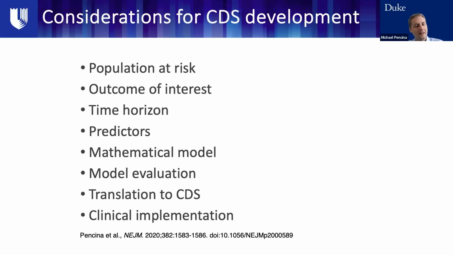The second one is the outcome of interest, and that's the Obermeyer story, where you have to be very careful with proxies, right? If your outcome of interest and the variable you're using to predict are different, your model can perform poorly and lead to biased results. What's the time horizon, right?